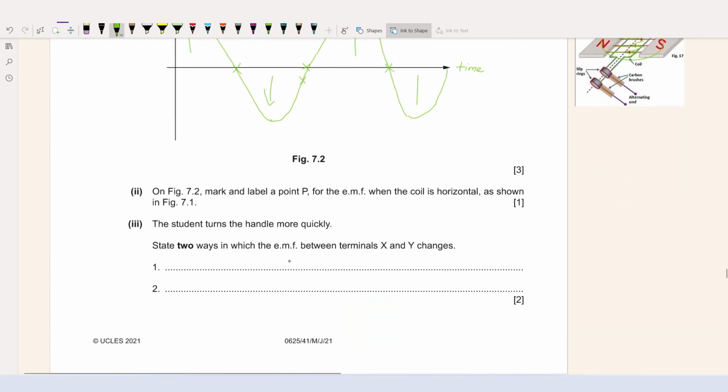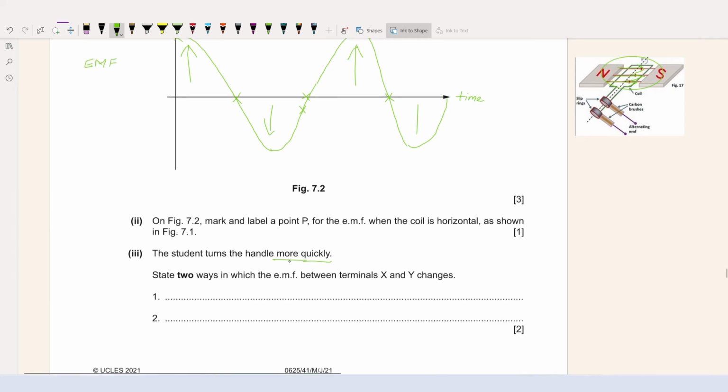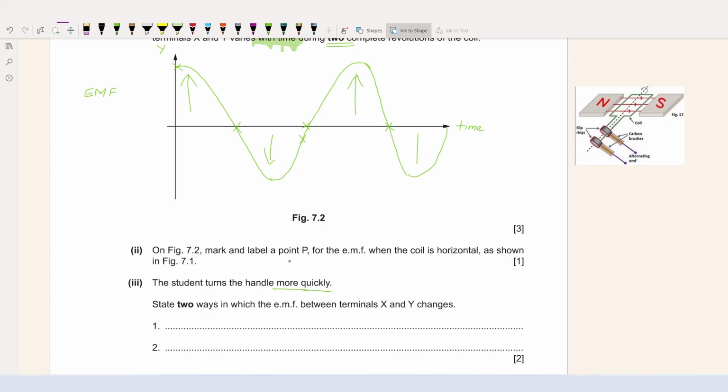The student turns the handle more quickly. State two ways in which the EMF between terminals X and Y changes. As you increase the number of turns, the EMF will increase. So the amplitude will increase, which also means that the EMF will increase.